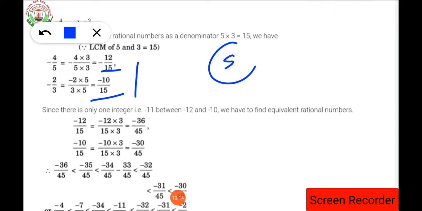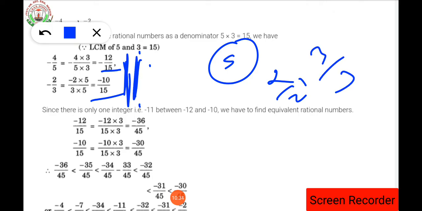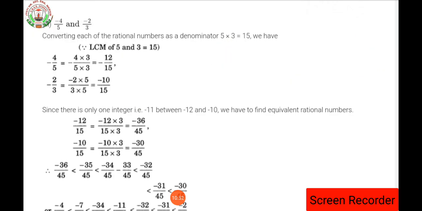Since in the question it is asked about 5 rational numbers, so 5 rational numbers लाने के लिए किसी ऐसे नंबर से मल्टीप्लाई और डिवाइड करना है इन पार्ट्स को, है ना, कि उससे एग्जैक्टली 5 रैशनल नंबर हमको मिले। सो उसके लिए क्या करना है, हमको 2 से पहले मल्टीप्लाई डिवाइड करके देखना पड़ेगा, 3 से मल्टीप्लाई डिवाइड करके देखना पड़ेगा -12/15 एंड -10/15 को, फिर 4 से डिवाइड करके देखना पड़ेगा। तब हम जब 2, 3 और 4 से डिवाइड करेंगे तो कहीं पर हमको 3 रैशनल नंबर मिलेगा, कहीं 4 मिलेगा, बट हमको 5 रैशनल नंबर चाहिए, इसलिए हम यहाँ पर बड़े नंबर से मल्टीप्लाई करेंगे so that we can get the 5 rational numbers between those numbers.